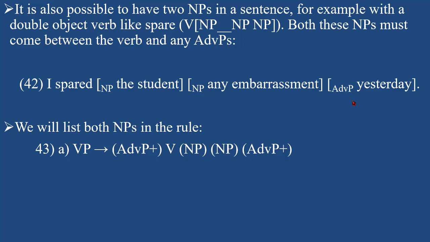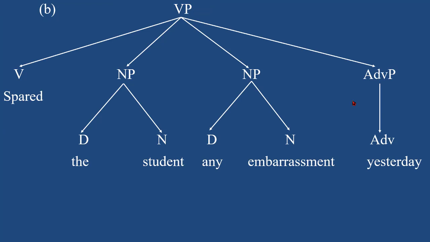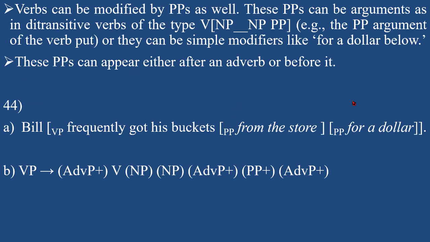A VP consists of a number of adverbs, a verb, two NPs, and adverbs. As you can see, in spared the student embarrassment yesterday, the student is one constituent, an NP, and embarrassment is another NP. They both modify spare, the verb, and yesterday also modifies spare, the verb.